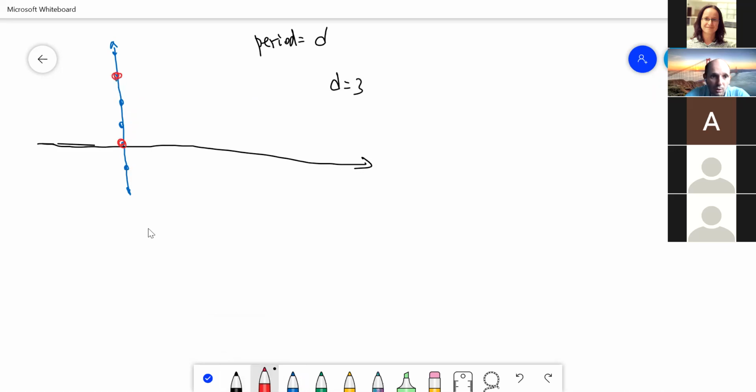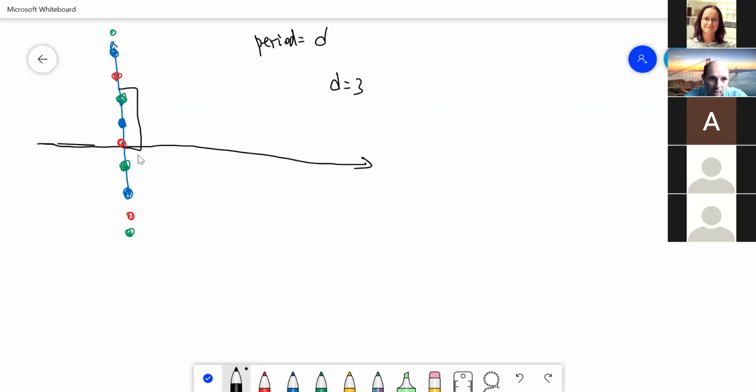Let me color the points 0, 3, 6, and -3 in red. For example, 1, 4, -2, and so on in blue, and these points in green.